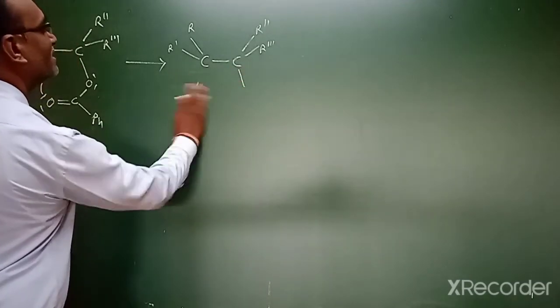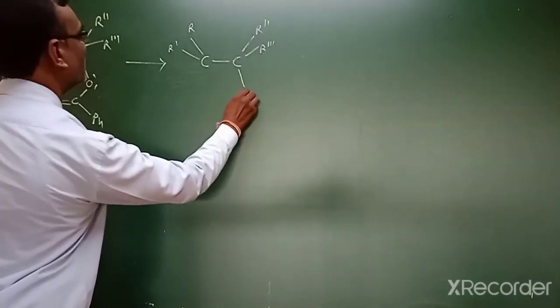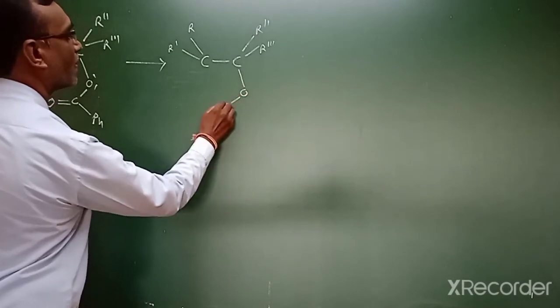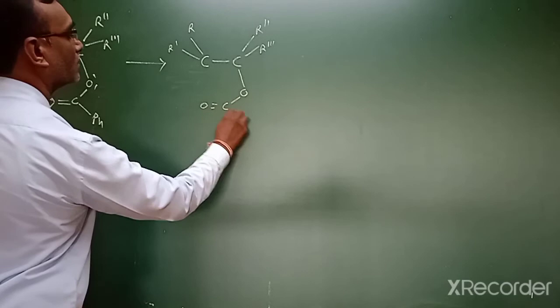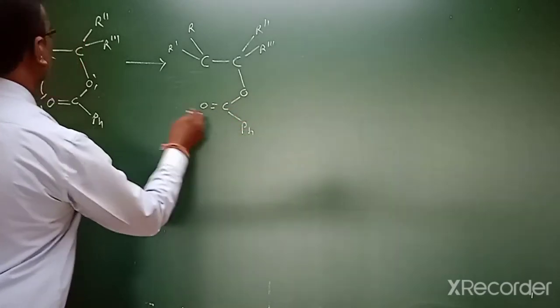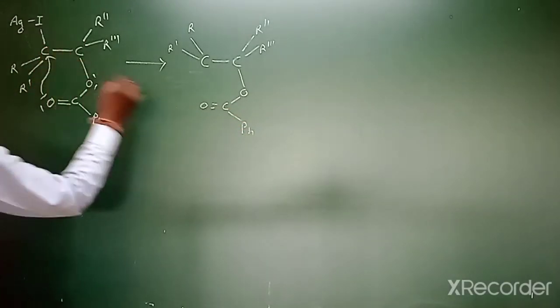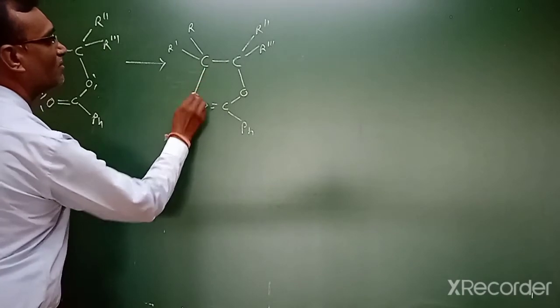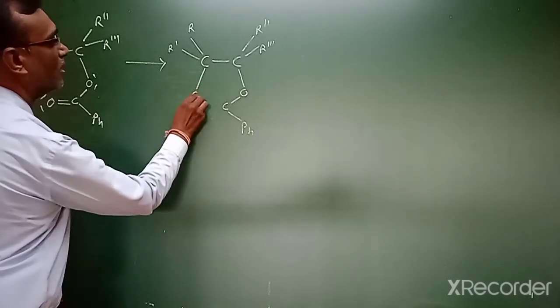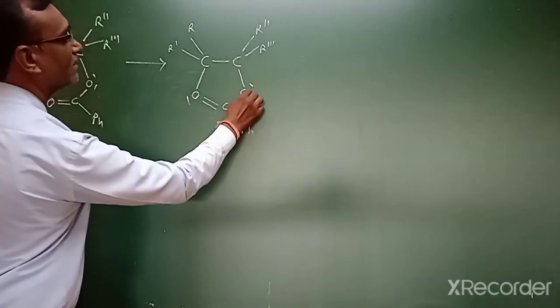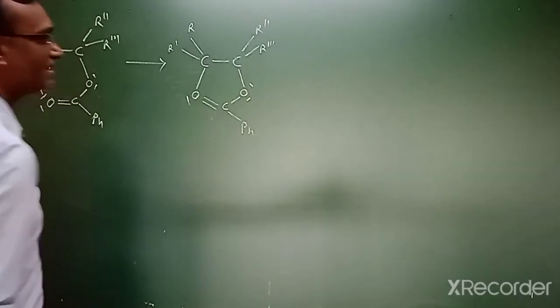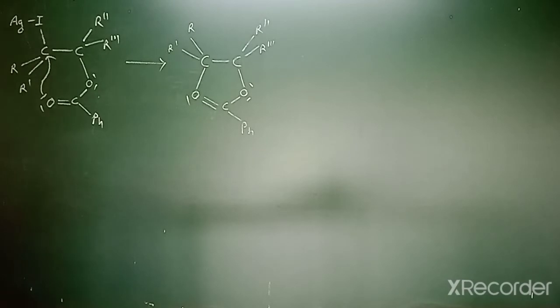Previously you can see the structure was like this. This electron pair on sharing with carbon forms a bond with this oxygen like this. Only one pair remains now here. In such a way, there is formation of the benzoxonium ion.